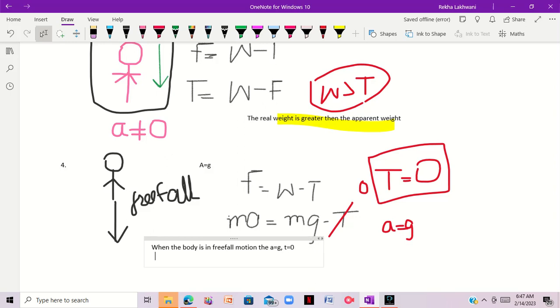It means the apparent weight is 0. And when the apparent weight, the weight we feel, is 0, this condition is known as weightlessness. This is known as weightlessness when the apparent weight is equal to 0, right? So I hope this is clear to you.